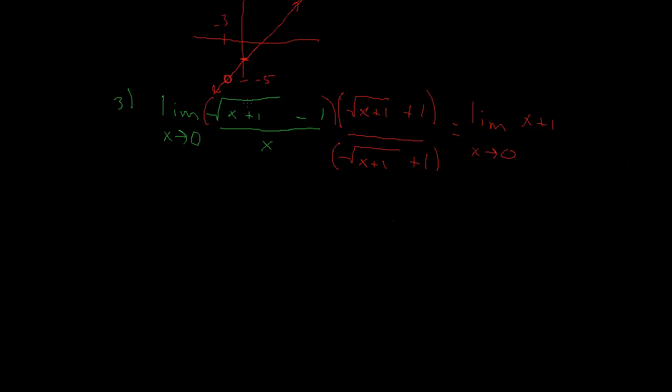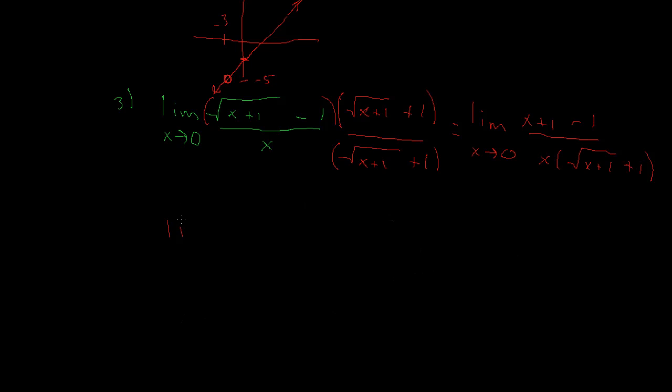What I mean by my middle term is this times this plus this times that. That's just going to drop out. If you don't see that, you can draw some rainbows here that you probably learned how to do in Algebra 1. I just didn't want to make a mess of this right here. So our last term is simply going to be negative 1 times positive 1, and that's going to give me a negative 1. And down below I have x times the square root of x plus 1 plus 1.